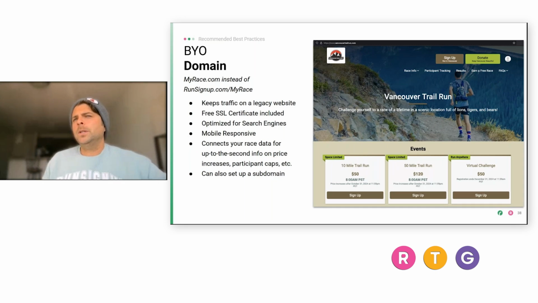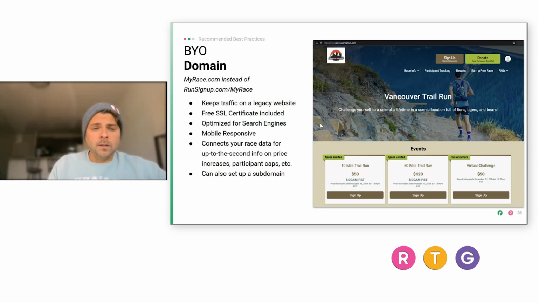So if you already have a website that's all your race's information, but a separate RunSignup page for registration, you could just bring that main domain over to RunSignup, and instead of paying for hosting somewhere else, you could be having a free website with RunSignup and just bring the domain, and that way people can still go to the same URL and have all of that information here.